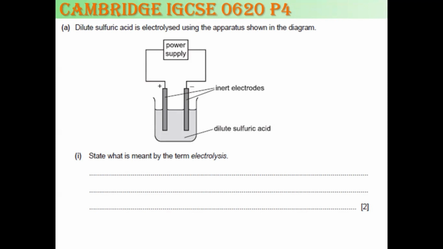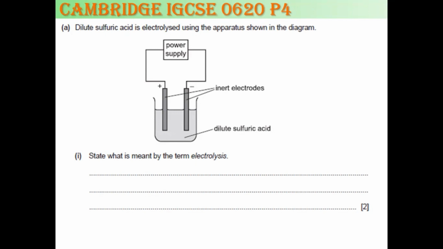The topic words are telling you what the question is about, or the topic that is being tested. In this case, we know this is about electrolysis. And when you read this question, you can see that they throw in electrolysis somewhere so that you know exactly what topic it is about.